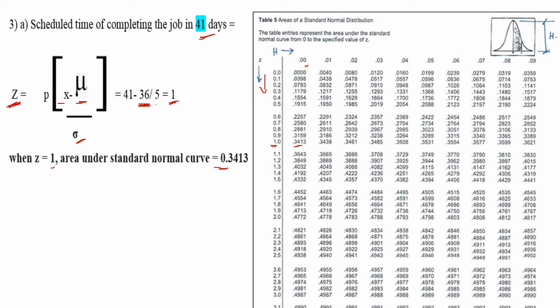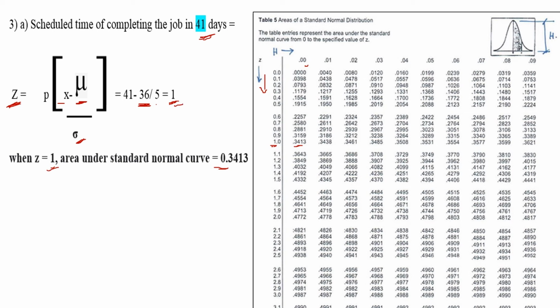Okay, that is z value is probability of x minus mu by sigma. X is in the question, mu we have calculated just, that is how many days optimum length from the critical path we got, and sigma from the variance, square root of the variance we got sigma, and z value is 1.